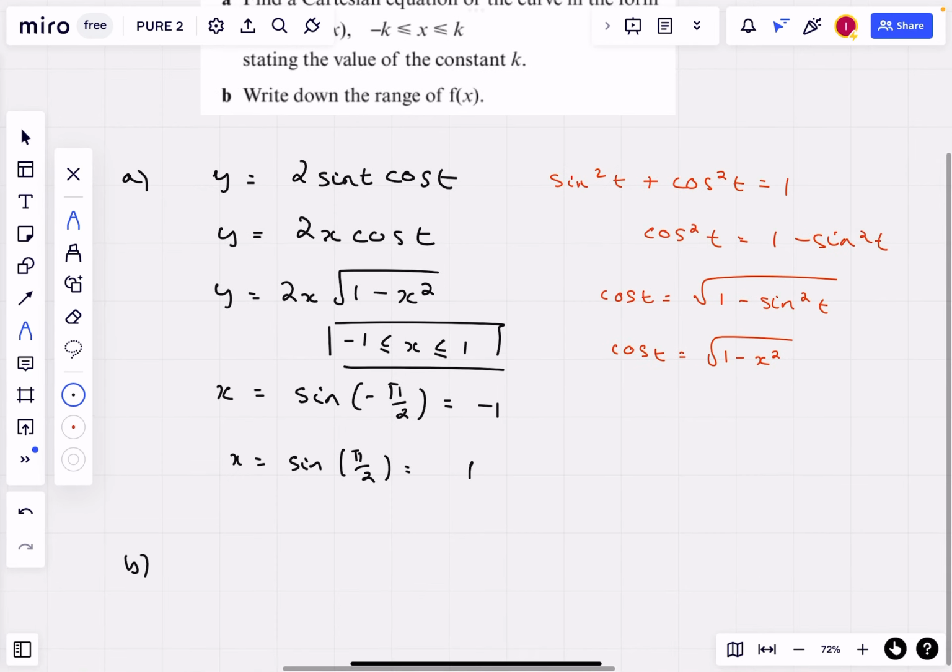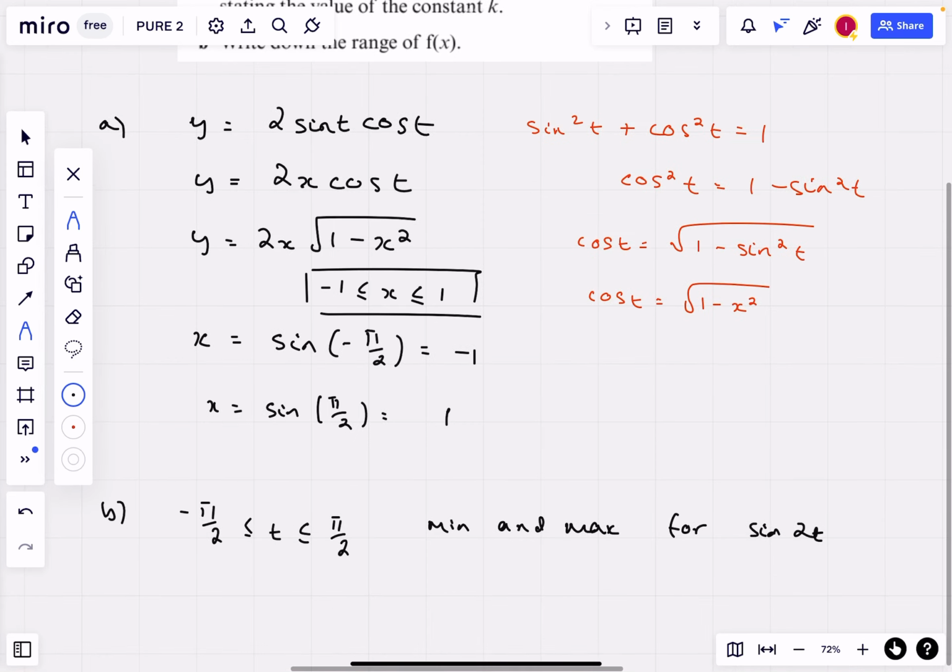It says write down the range. Okay? How would you do that? Well, with this range of values for t, the minimum and maximum for sine 2t is minus 1 and 1.